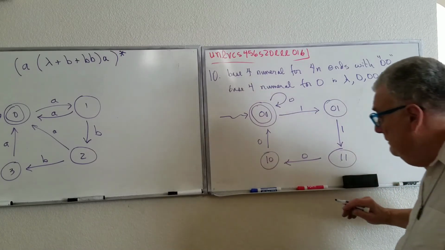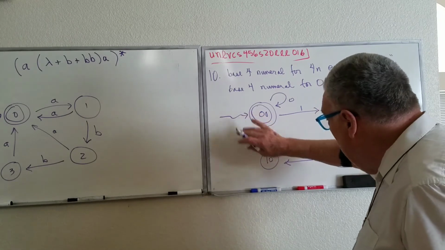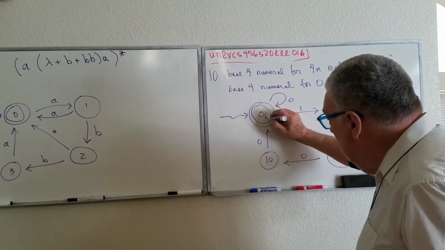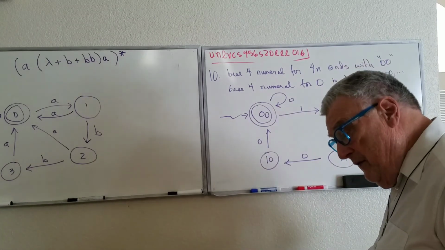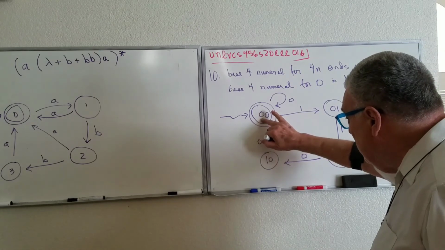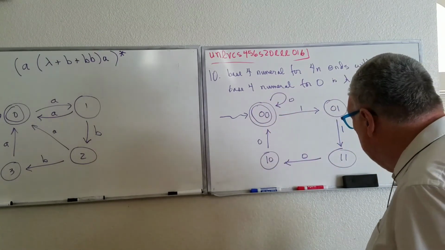Well, that means that the start state is the final state. And the 0, 0 here means that if you allow empty to be 0, then it has to end with a 0, 0. If you read another 0, you stay there.